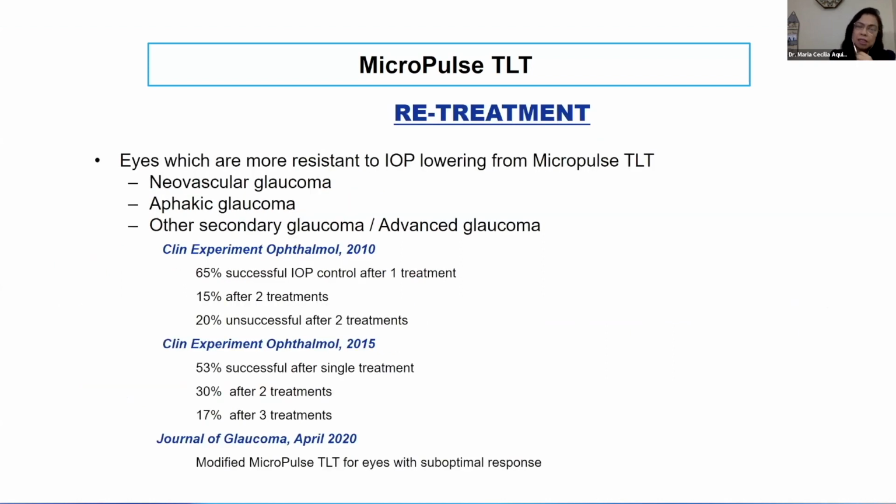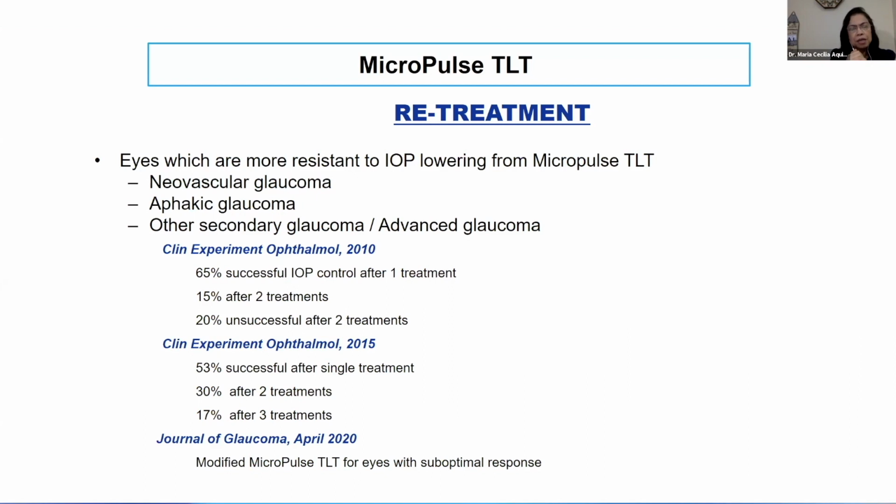So in certain situations, the response to the first treatment may not be great. So it's suboptimal or minimal or no response at all. And we observe that some patients, especially those with neovascular, aphakic, or secondary glaucomas, and those with advanced cases, usually respond very minimally.